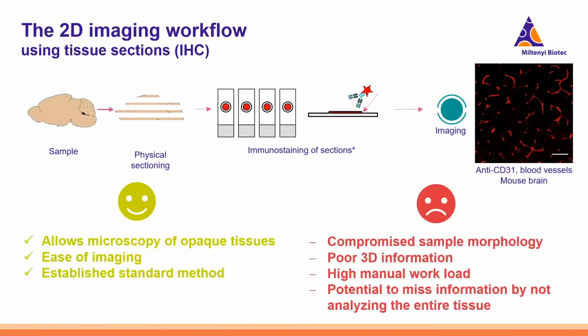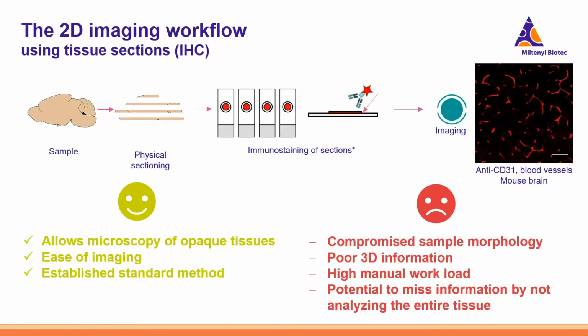However, if you would like to obtain more information, especially in 3D, this tissue sectioning workflow limits you. At first, you compromise, of course, your sample morphology by sectioning, and this can introduce artifacts which you observe in your microscope, which are actually not present in the sample.